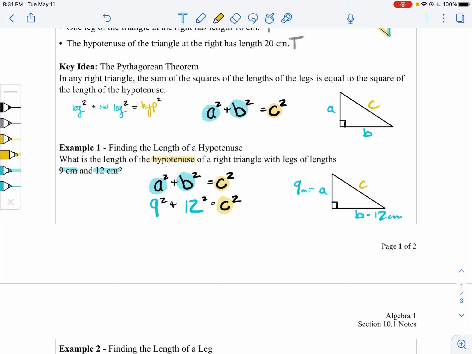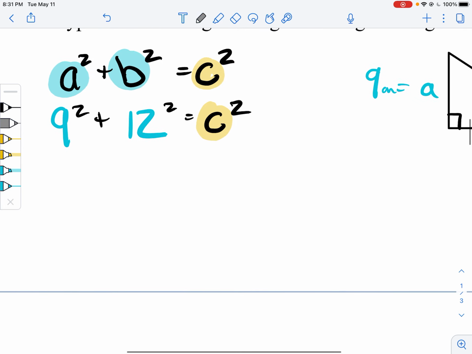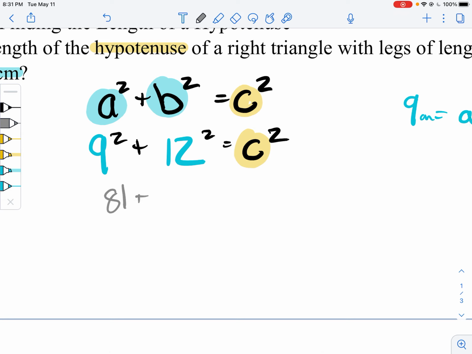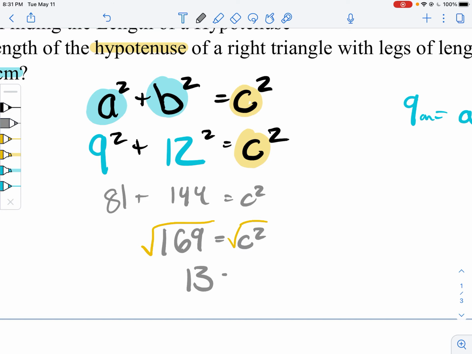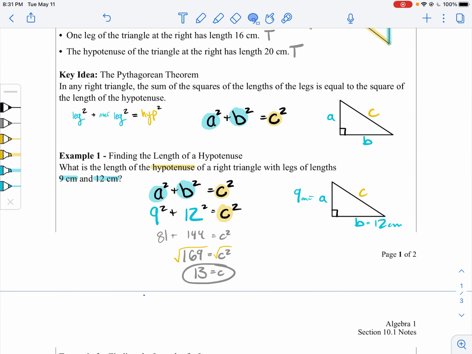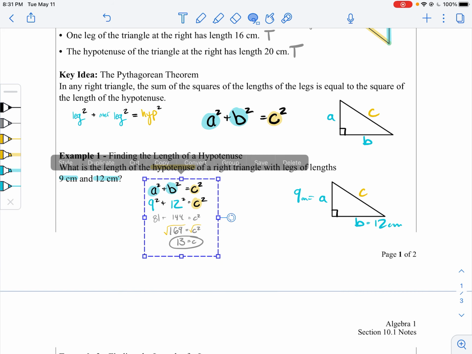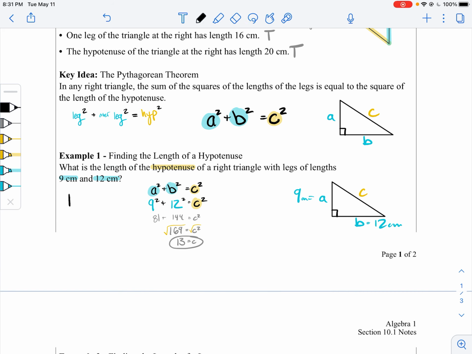That'll give us 81 plus 144 equals C squared. So 169 is equal to C squared. And then to solve for C, we just need to undo that square, taking the square root of 169. And we'll get 13. Technically, we get plus or minus 13, but we can't have a negative distance, so we go with the positive. So our answer is 13 centimeters.